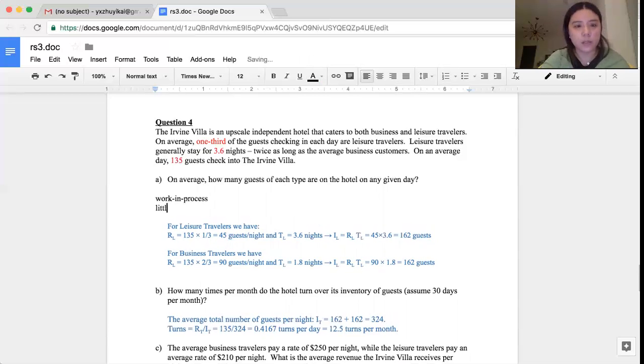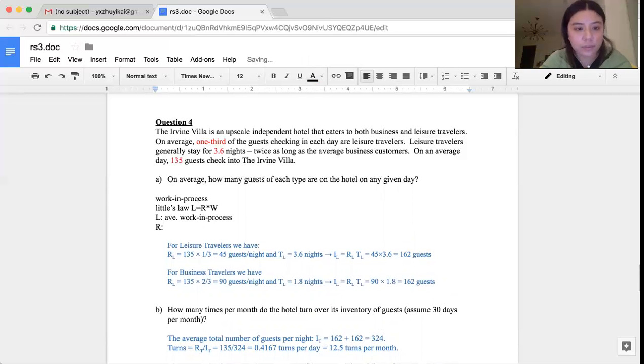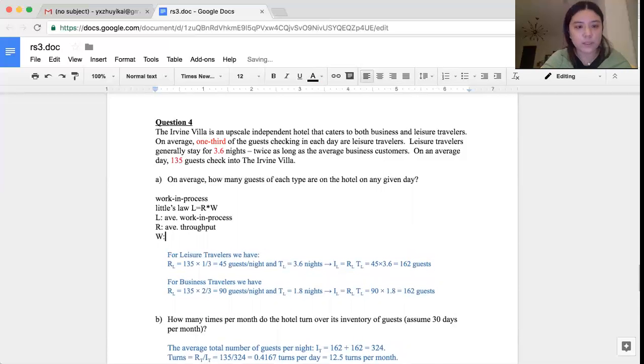We can use Little's law, which is L equals R times W. L is the average work in process, R is the average throughput, and W is the average flow time.